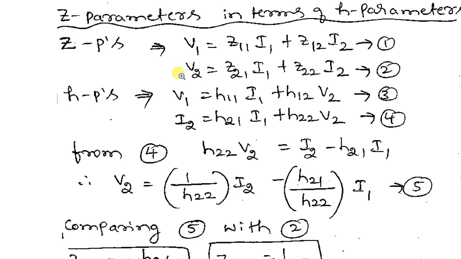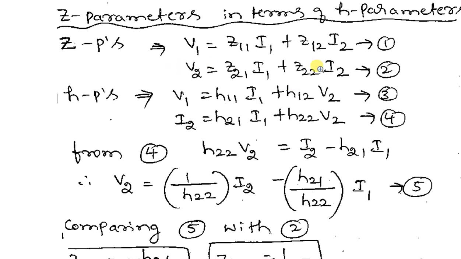In equation number 2, V2 is there. So from equation number 4, rewrite it so that V2 is equal to something. You retain H22 V2 on the left side, and you bring H21 I1 to the left side, so here we have I2, and if I bring this to the left side it becomes minus H21 I1.